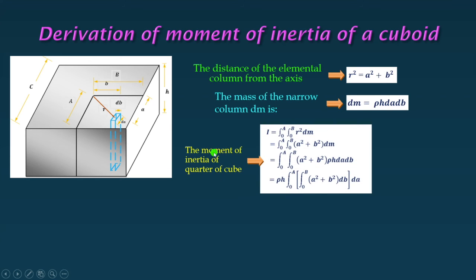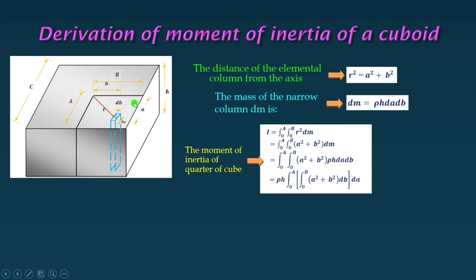Now, what's the moment of inertia of this quarter? Only we are discussing this quarter. Moment of inertia of this quarter, simply integrate r square dm, and substitute the value of r as a square plus b square into dm. What's the limit of a and b?